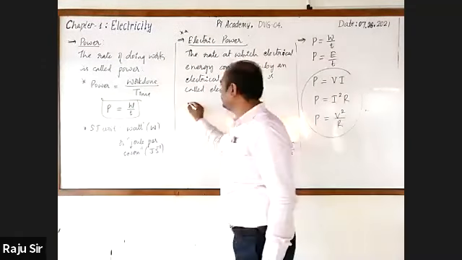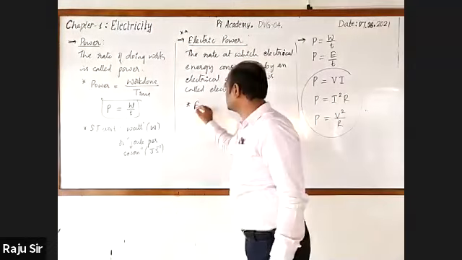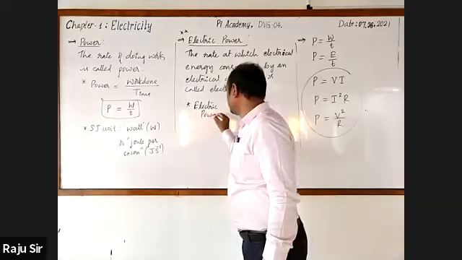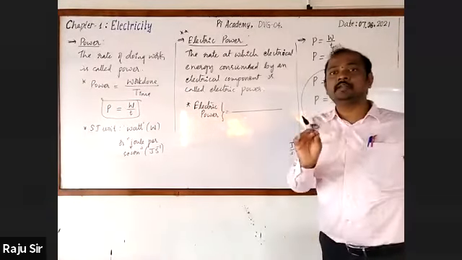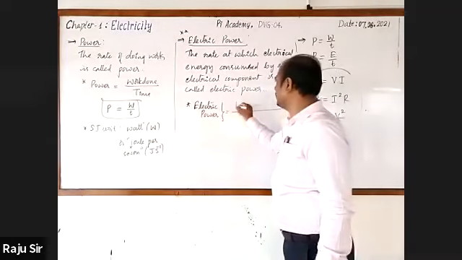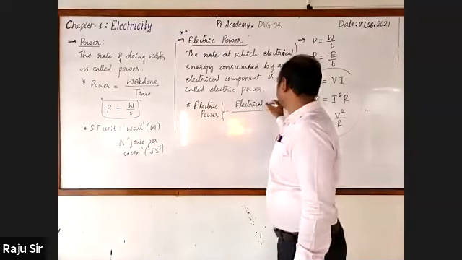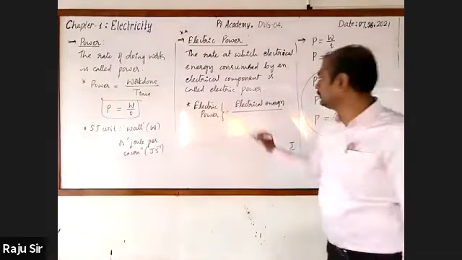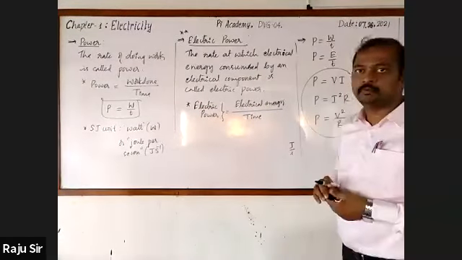And let's go for writing the formula to find out electric power. Electric power is equal to electrical energy consumed divided by time taken, or you may just write only time.